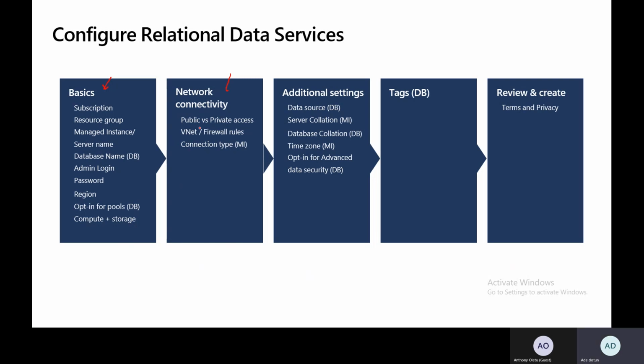From there, you move to your networking. Why is this so important? You want to be sure whether you want your server to be communicating within your network. So here is your VNet.